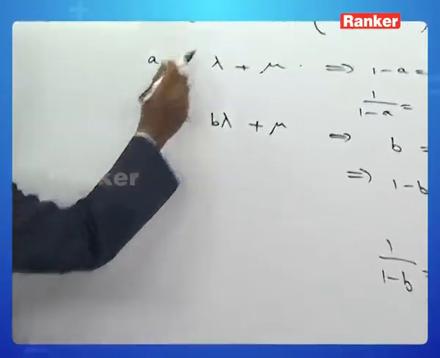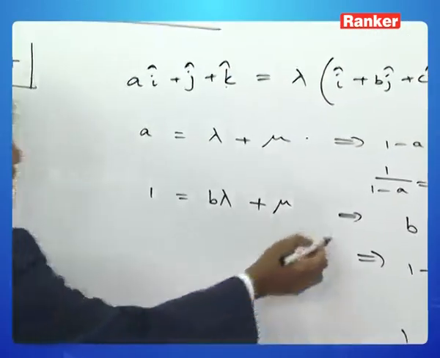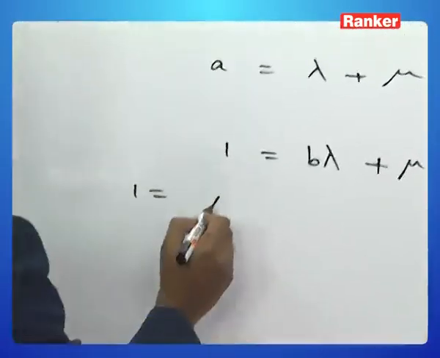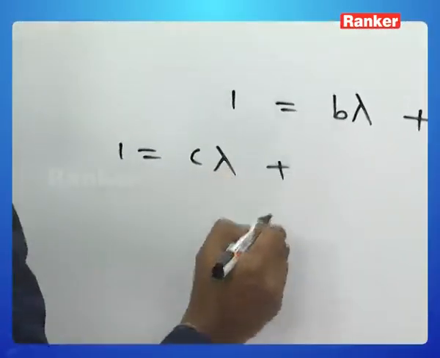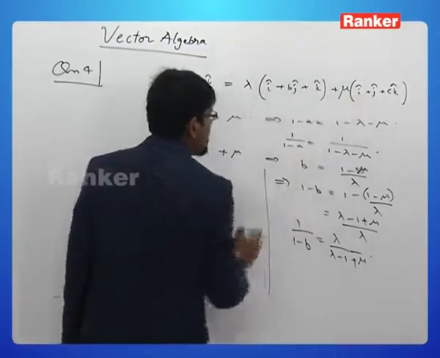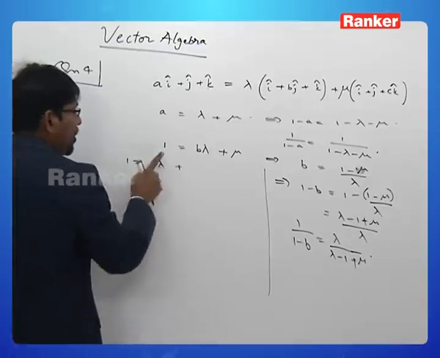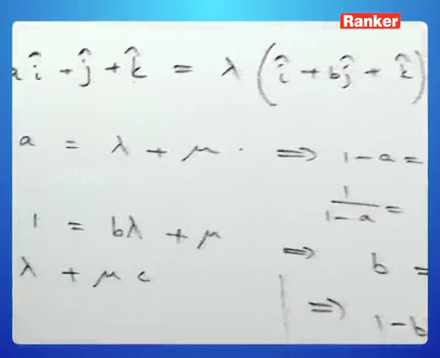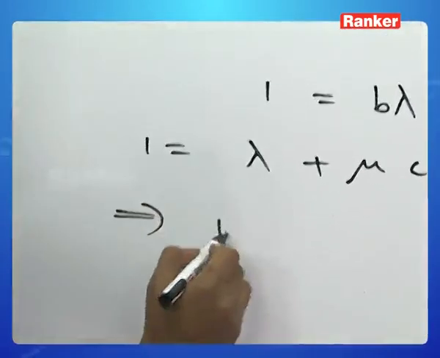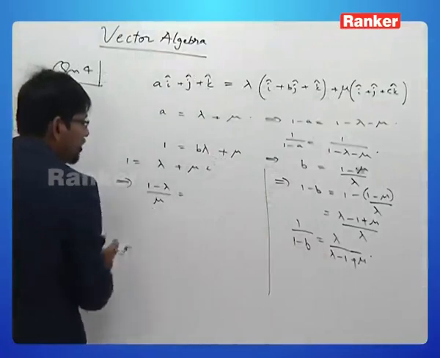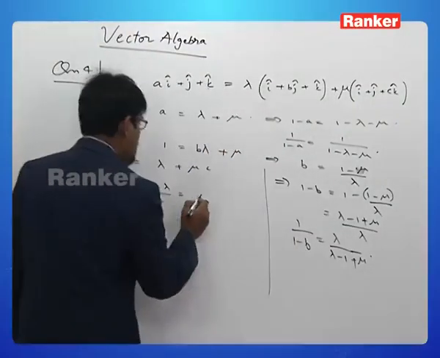Similarly, let's equate the k component. What do we get when we equate the k component? We get 1 to be equal to lambda plus mu c. Therefore this implies 1 minus lambda by mu is equal to c.